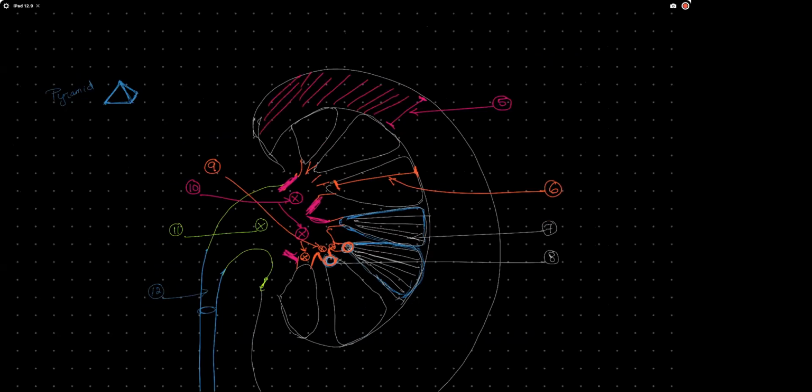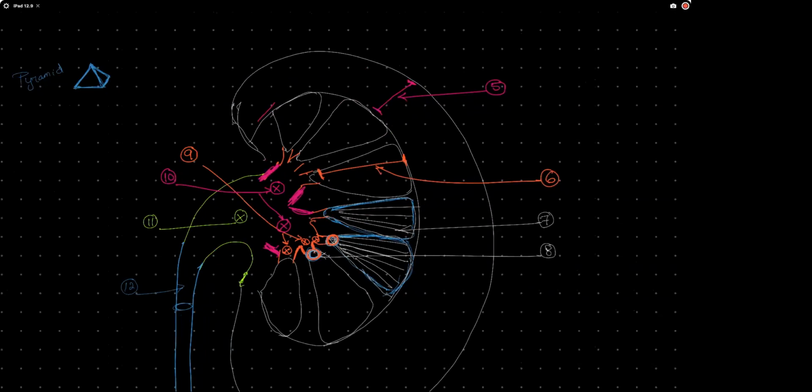This is where I've got most of the functional units of the kidney. What do we call this outermost layer of the kidney? Exactly, this is my renal cortex.